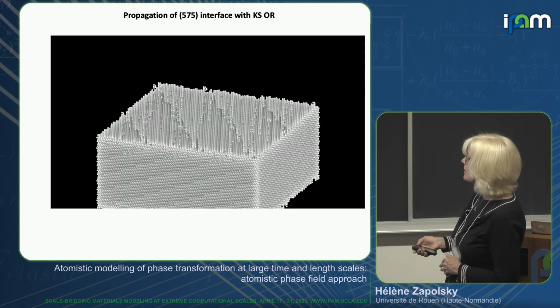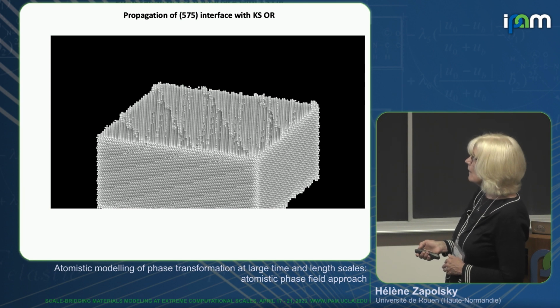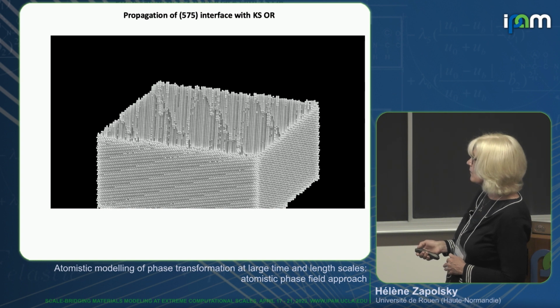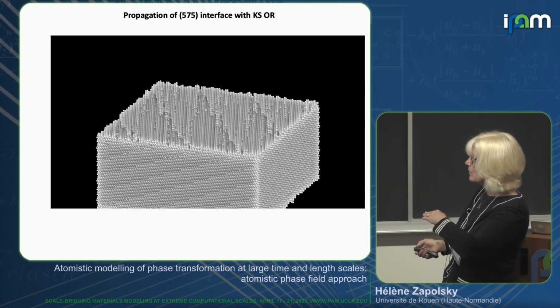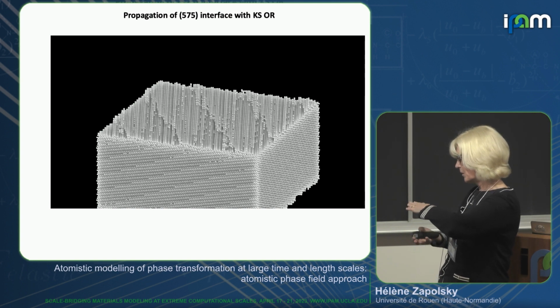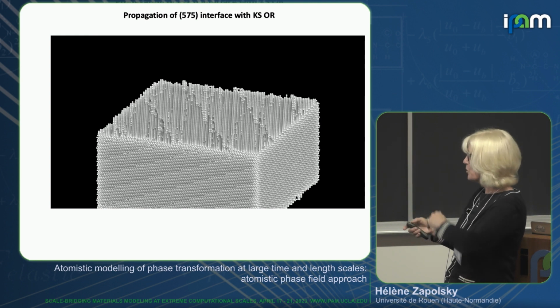And here, for example, you can see the propagation of the Kurdjumov-Sachs interface. We can see that there are a number of kinks which propagate and grow, like the propagation of kinks up to the growth of the jog.